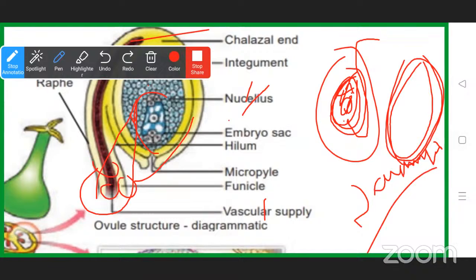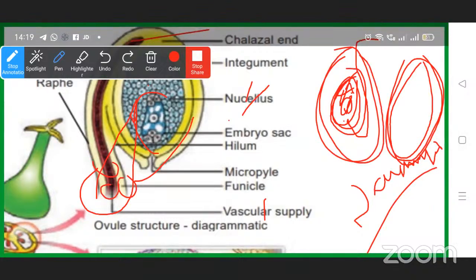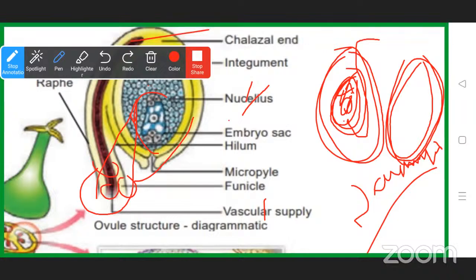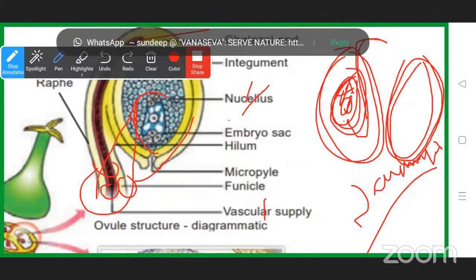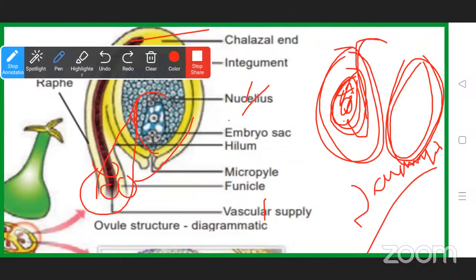Two polar nuclei of the ovule and one male gamete, three nuclei fusing, forming the secondary nucleus. That is called triple fusion. Triple fusion was first discovered in Hyacinthus orientalis by Nawaschin.